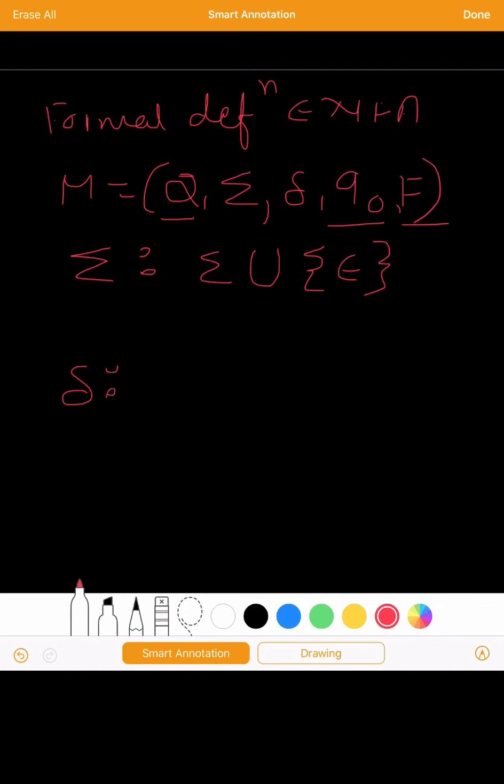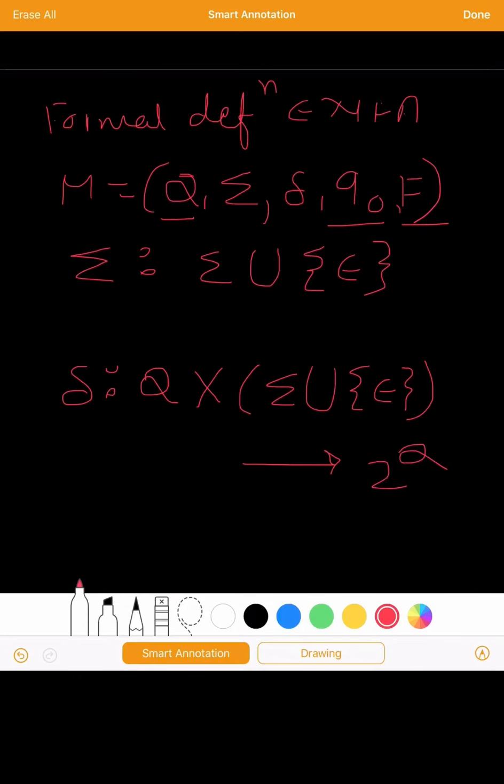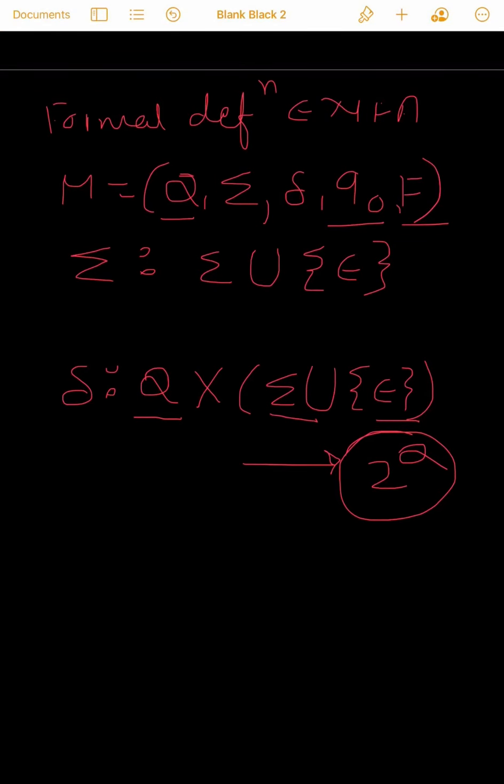And in case of delta, it would be Q cross sigma union epsilon, which gives 2 raised to Q. That means on any state, after scanning epsilon symbol or any input symbols from alphabet, you can make 2 raised to Q transitions, right? So let's have an example so that you can understand the concept of NFA with epsilon transitions.